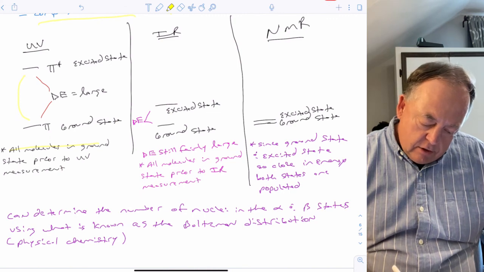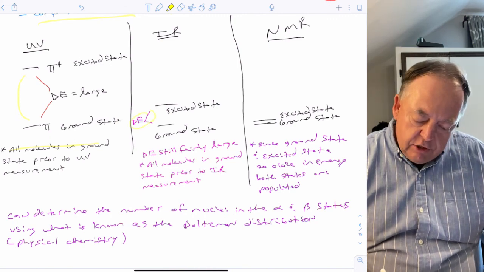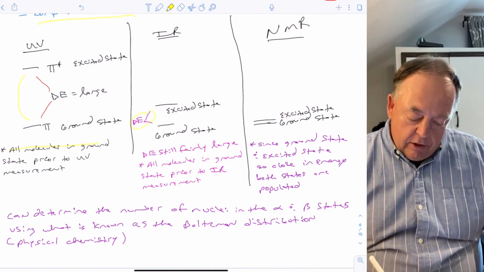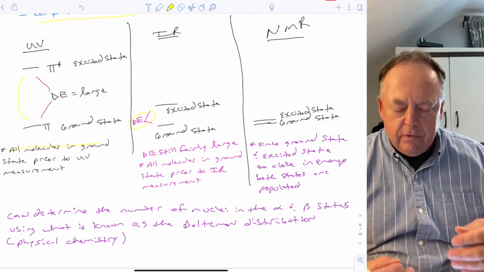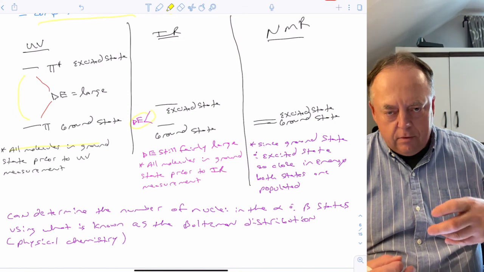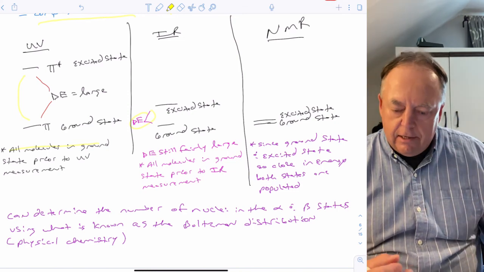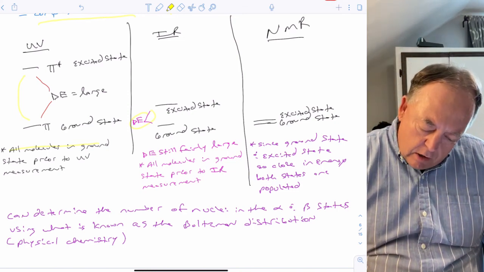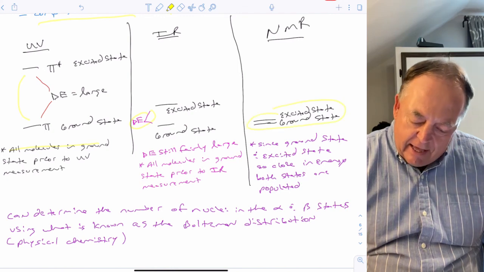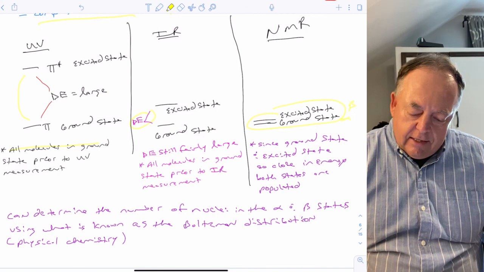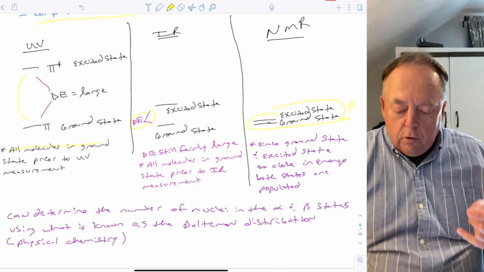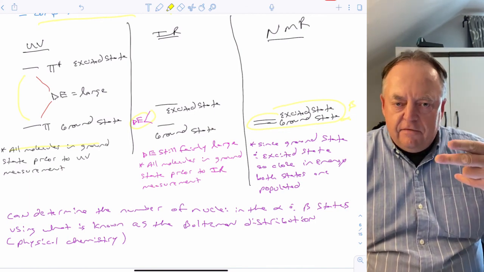Same for IR, the energy difference is still quite large. So all of the molecules in IR are in the ground state. So every single molecule in that sample is available to absorb the infrared radiation to be excited. But in NMR, the ground state and excited state, alpha and beta states, are so close in energy that there's a significant number of protons aligned against the magnetic field at any time.